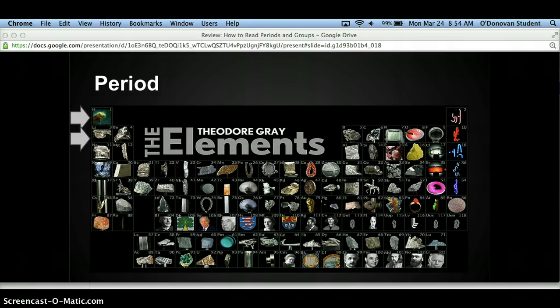Now maybe you've noticed, or maybe you haven't, how there's one element and then a line downward and nothing over here until here. But now you know that since hydrogen only has 1 electron and 1 proton, that's why it's here. Helium has 2 electrons and 2 protons, and it's here.